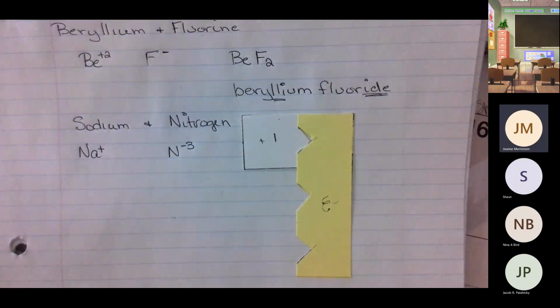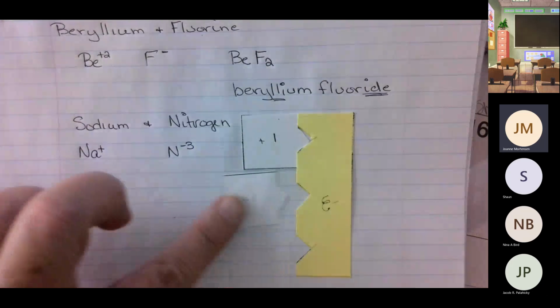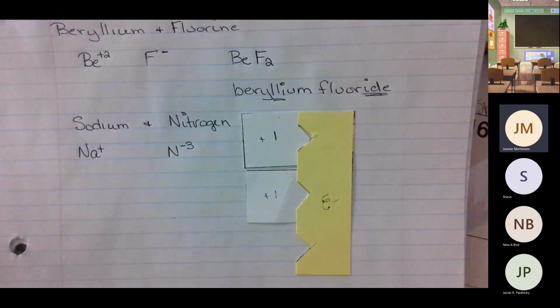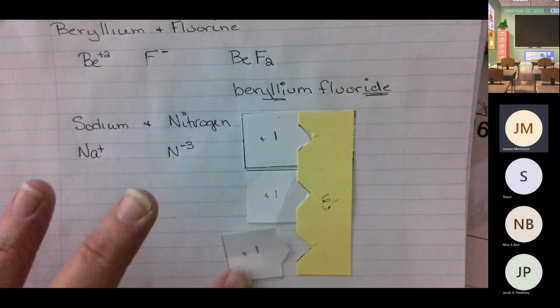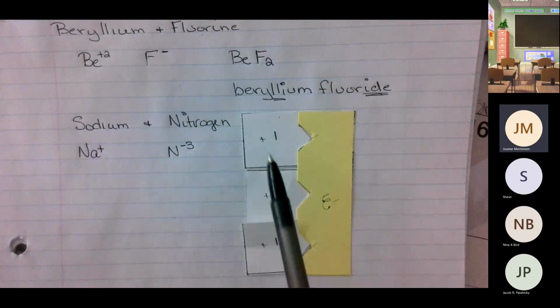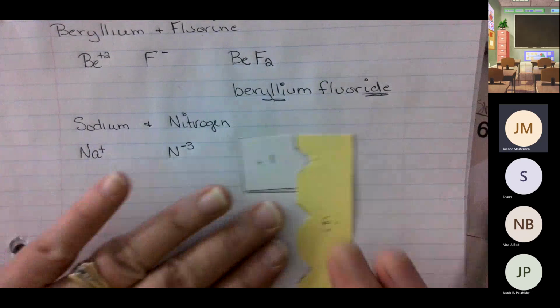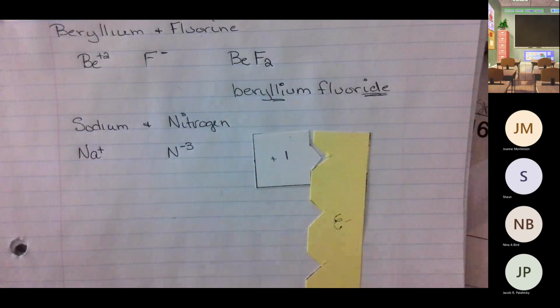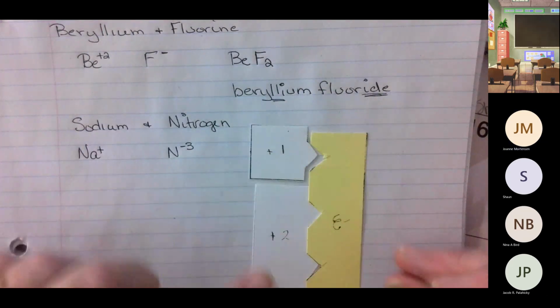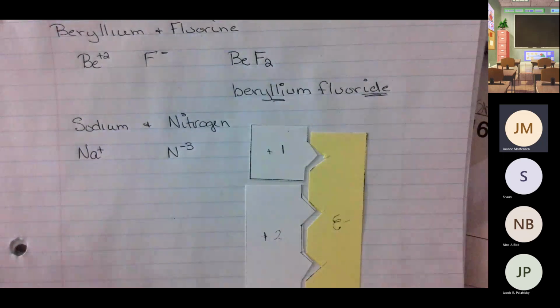And you make a rectangle again. We got to match innies and outies, and we only have the choice of using plus ones. Not allowed to do that.